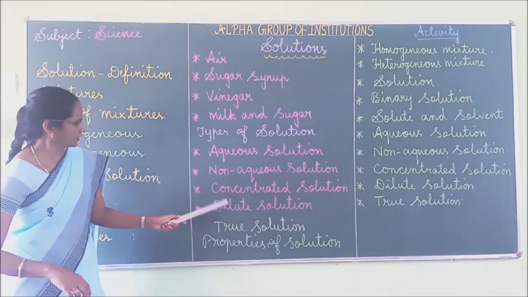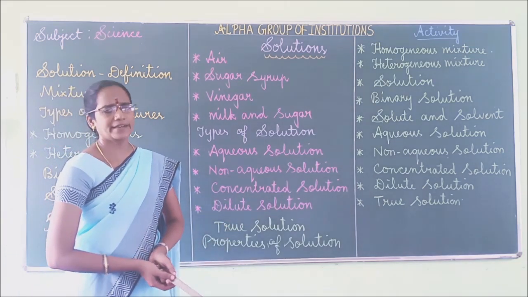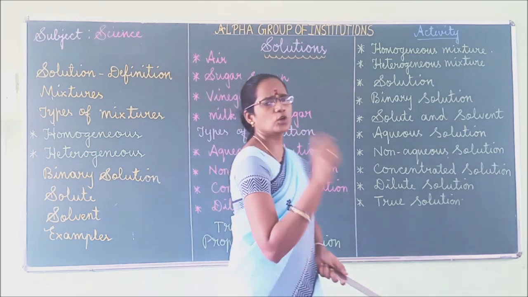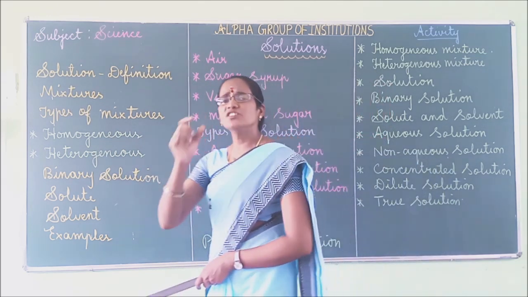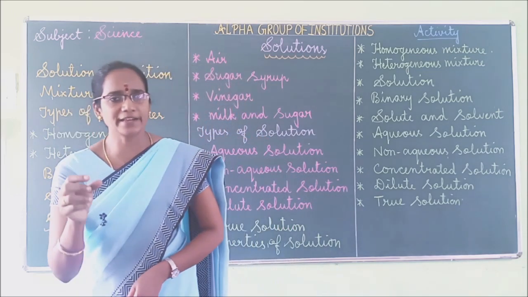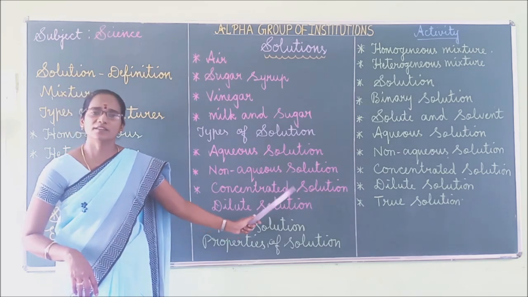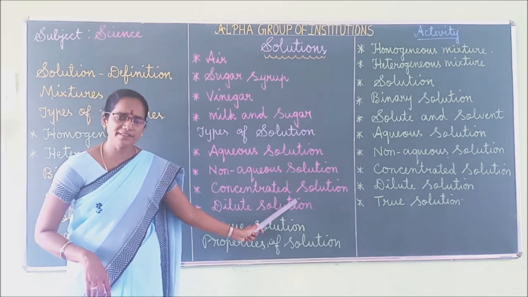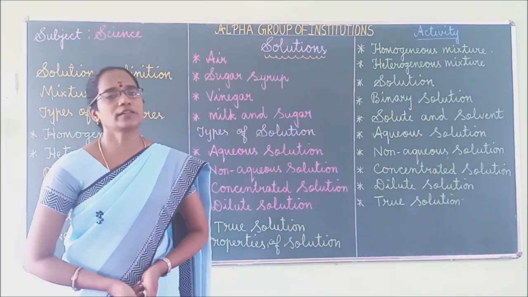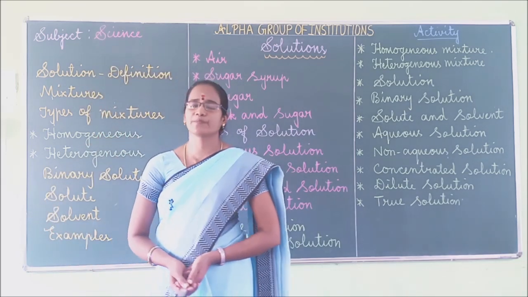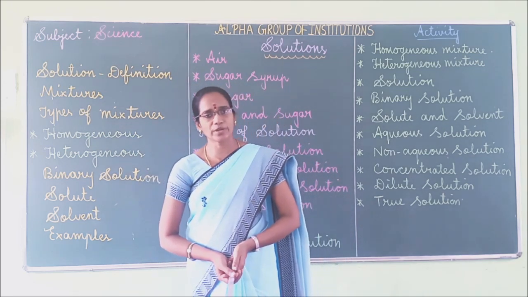Next one is concentrated solution. Concentrated solution means a solution in which a larger proportion of solute is added. A solution which contains a large proportion of solute is called the concentrated solution. For example, hydrochloric acid and sulfuric acid.